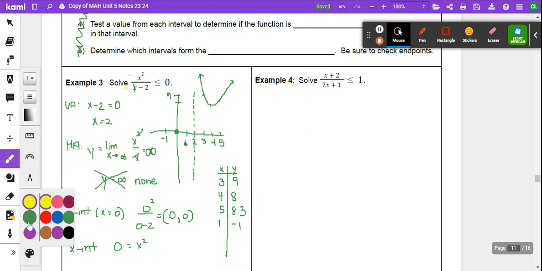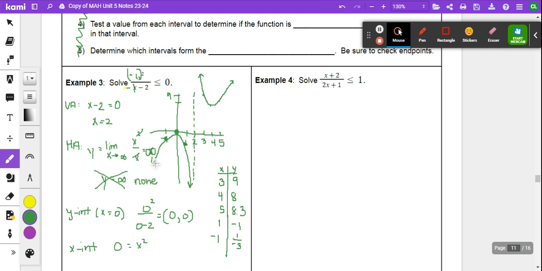Be careful, I've got to use the right color. When I square -1, that's +1. And then -1 minus 2 is -3. So at -1, it's 1 over -3, which is -1/3. It's right here. So this graph looks something like this.